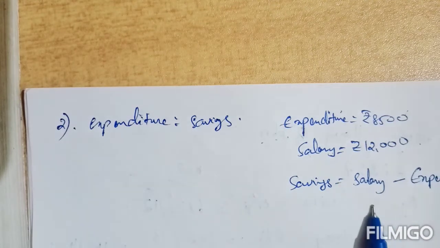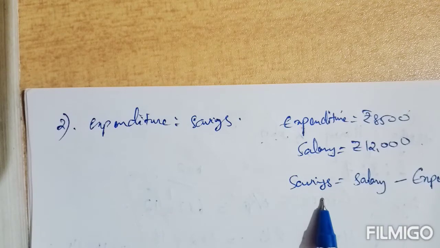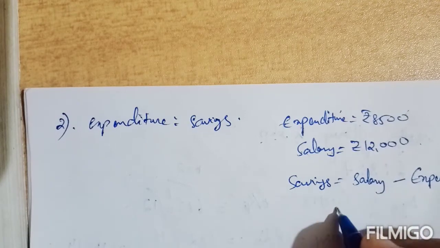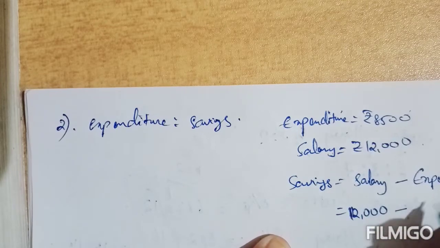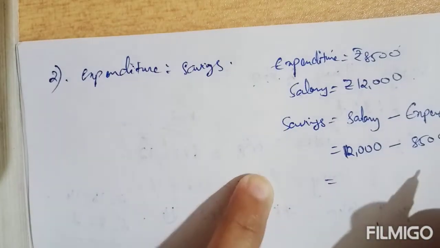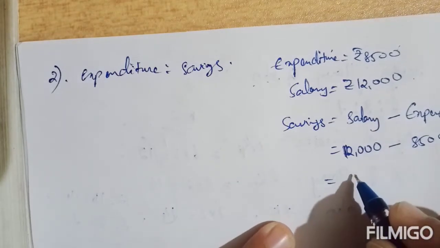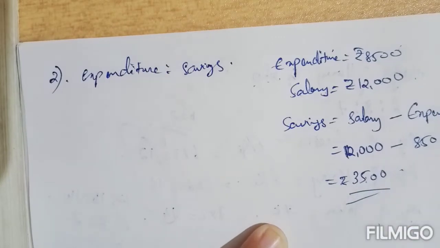From the salary, if we subtract expenditure, we will get the savings of that person. So salary rupees 12,000 minus expenditure 8,500. 12,000 minus 8,500, we will get 3,500. This is the savings of that person.